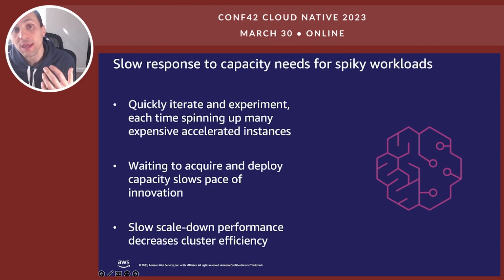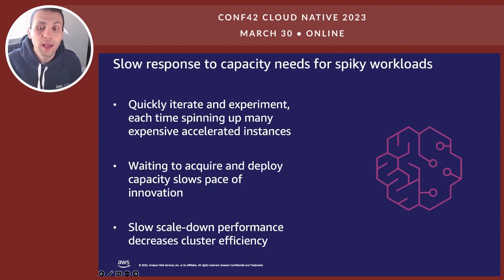Another challenge that we've heard from customers is cluster autoscaler actually sometimes can be very slow to respond for capacity needs and spike workloads. So if you think about it, ETL jobs or GPU training jobs or ML workloads, the speed that is required for those workloads like big data and ML workloads to be spun up is critical. Delay in providing those capacities for these workloads can slow down innovation and potentially decrease the satisfaction of your data scientists and engineers.